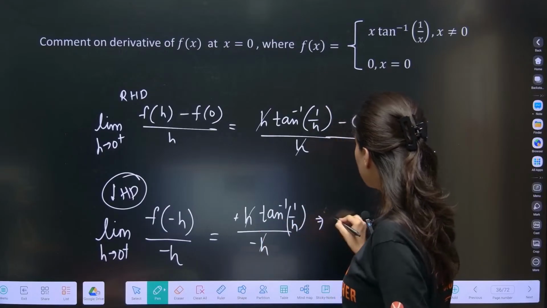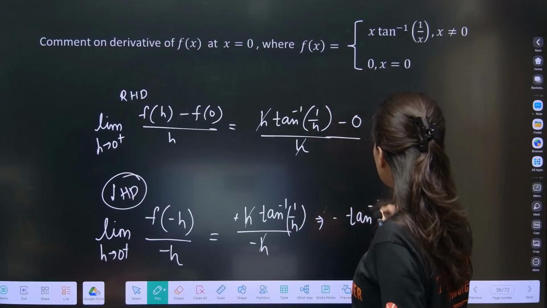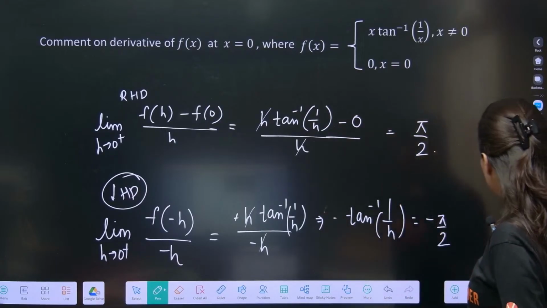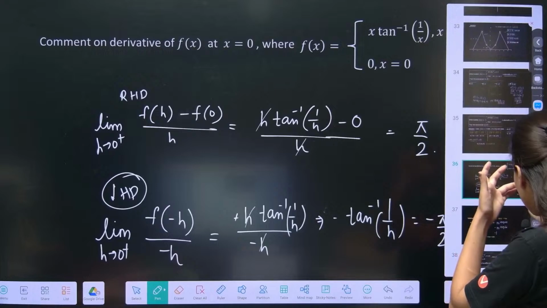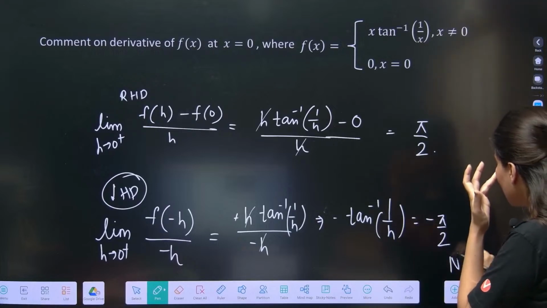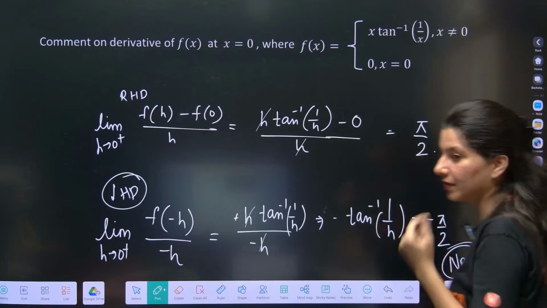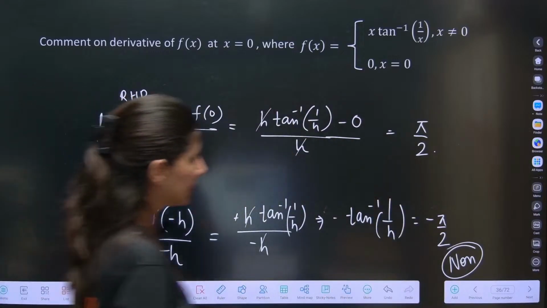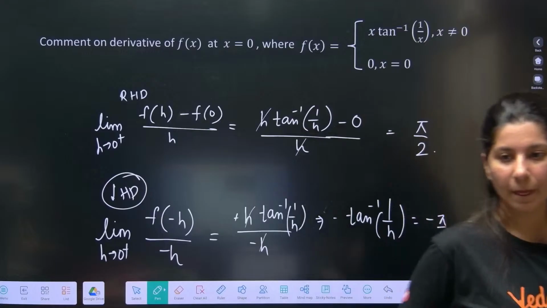So this is going to be minus of tan inverse 1 upon h. So can you see this is coming out as minus pi by 2. So hence it is non-differentiable at x equals 0. Yes? Getting it?